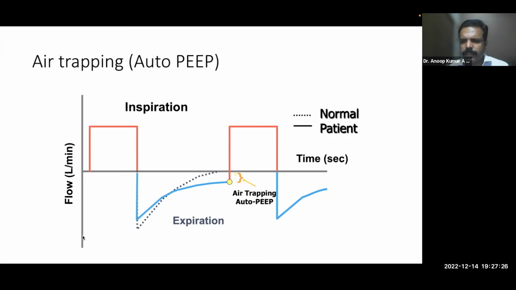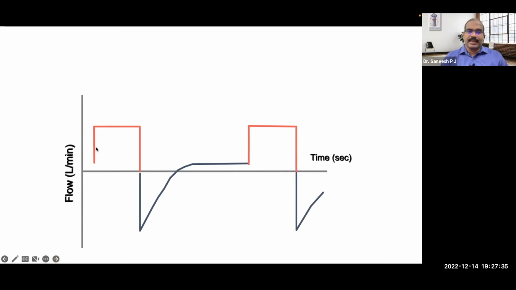Over to Dr. Saneesh. So you can see here again the inspiratory part and the exhalation, which is passive. And here you can note that the exhalation curve goes ahead of the baseline, and the next inspiration happens here only. So what does this area indicate? Basically, it indicates a leak in the circuit.